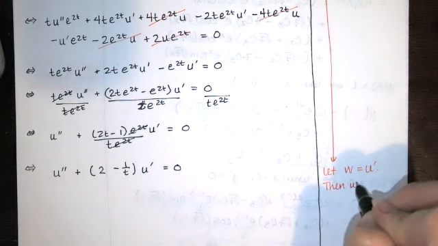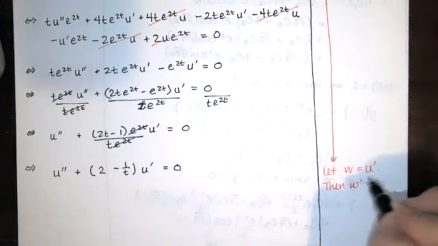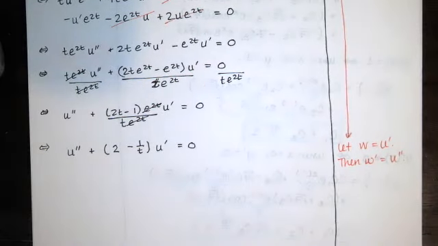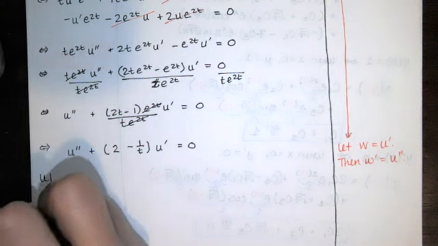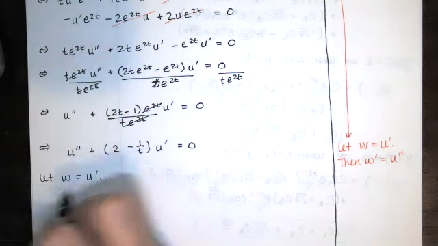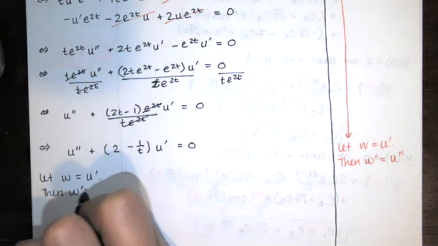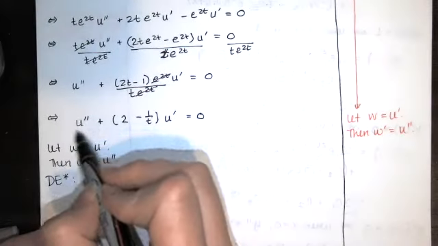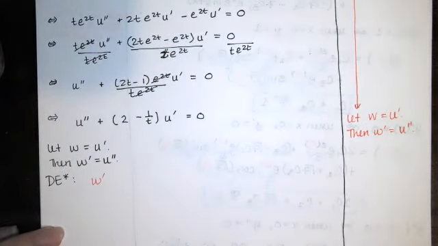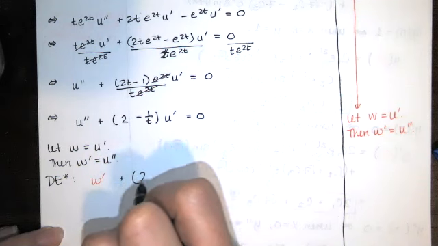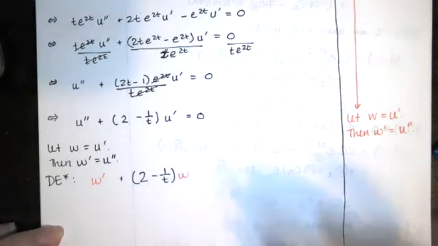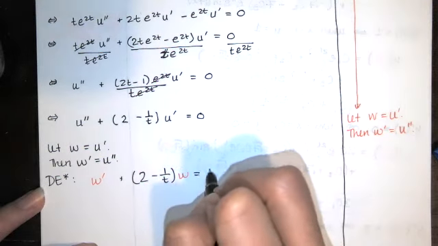Then if we take the derivative of w, that's u prime prime, so u double prime. Then we want to write this as a first order linear equation in w. So our new differential equation is u double prime, which is w prime, plus 2 minus 1 over t times u prime, which is w, and that equals 0.